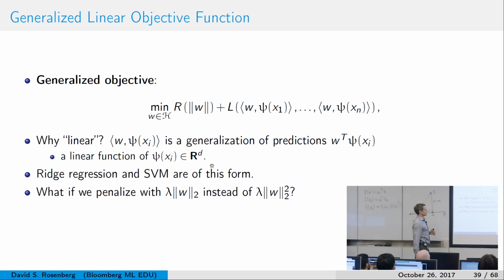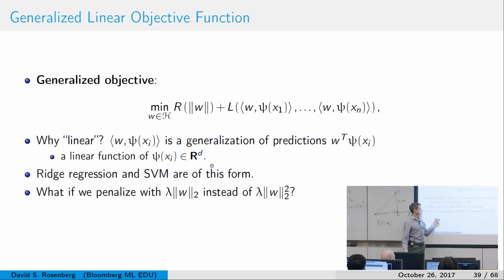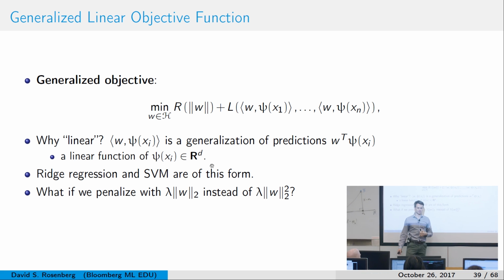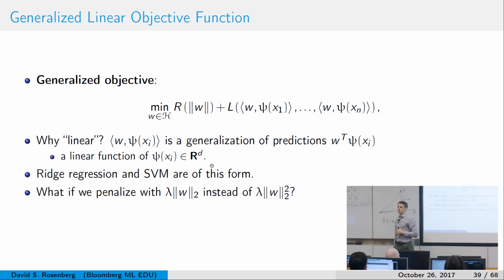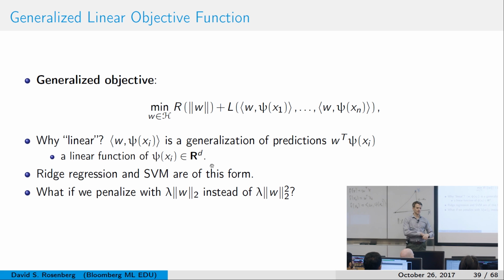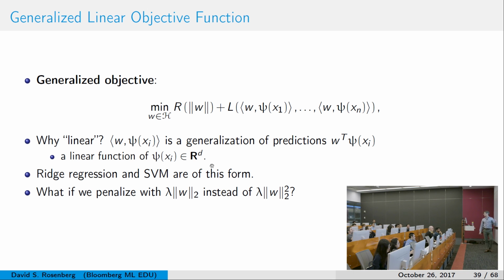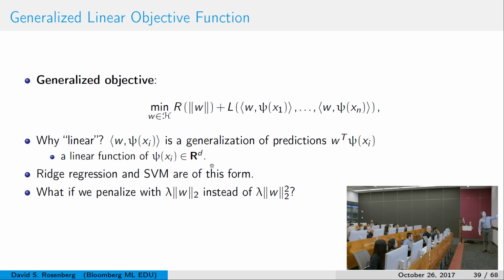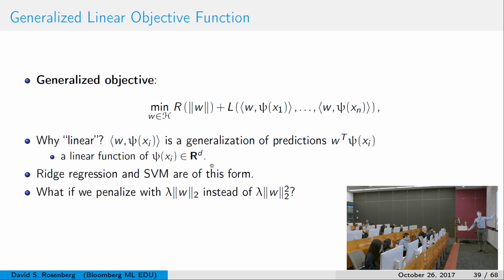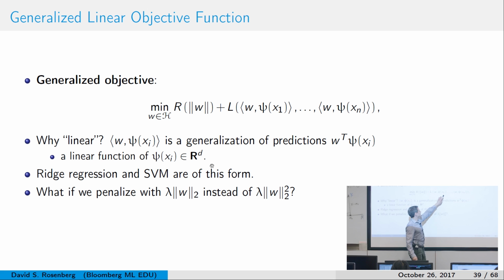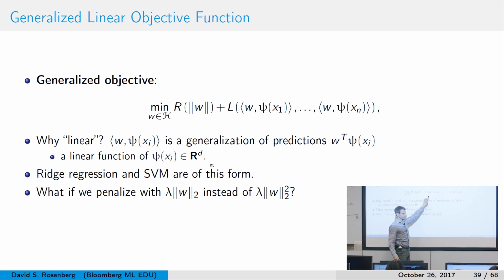All right, our ridge regression penalizes with the square of the L2 norm, remember? So what if we wanted to penalize with just the L2 norm, not the square of the L2 norm? Is that legit? Does that fit into our generalized objective form here? Some yes nods, I see. So yes, let's take this to be the standard inner product.